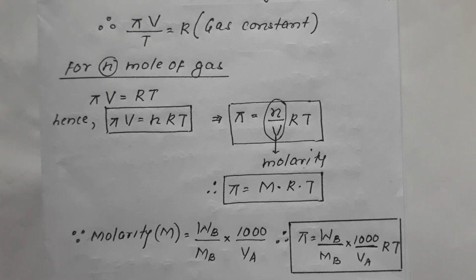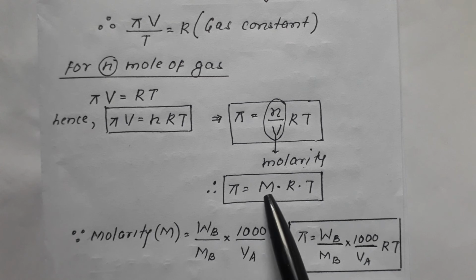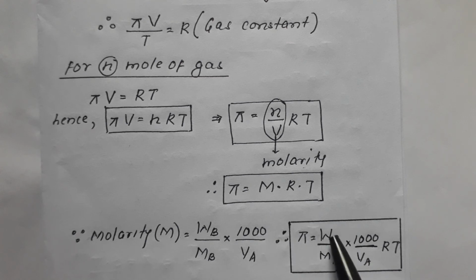Keeping the value of m, the equation becomes pi is equal to Wb upon Mb into 1000 upon Va into R into T. This will give you the osmotic pressure of the solution.